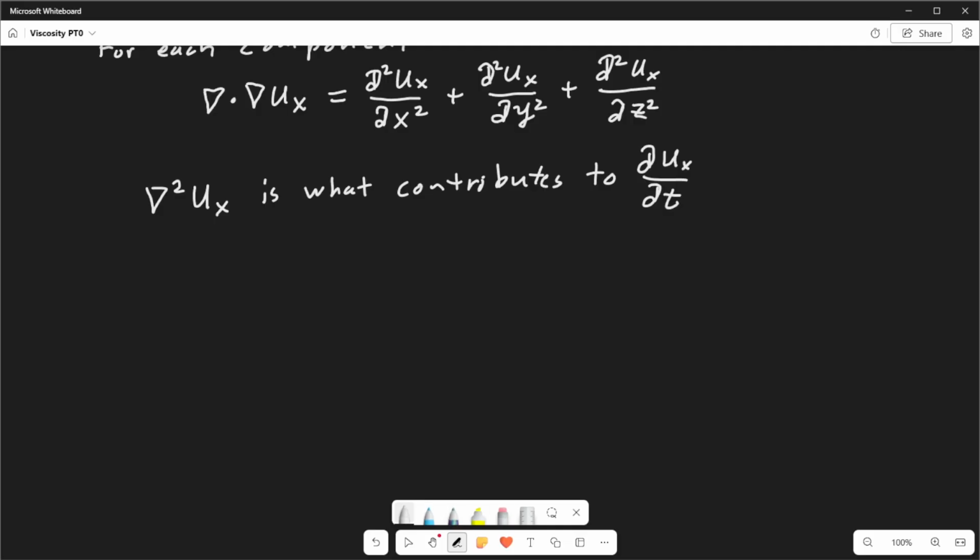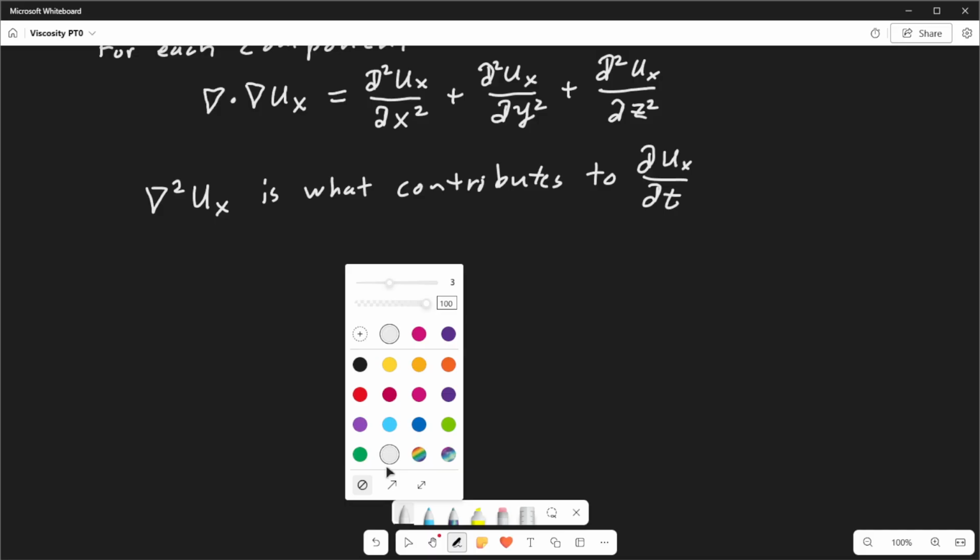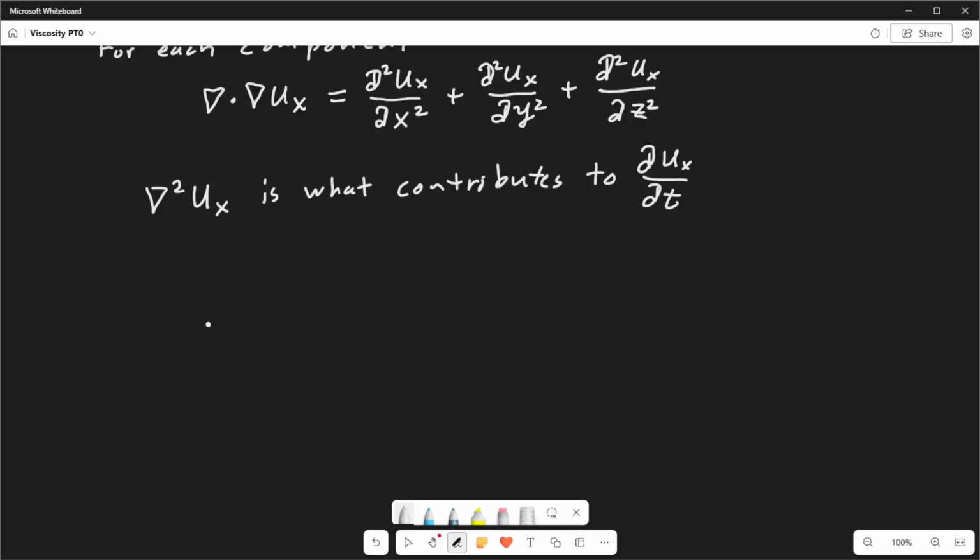So let's start looking at some cases. So first case. Let's try ux equals 0.